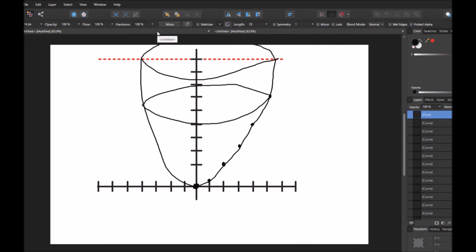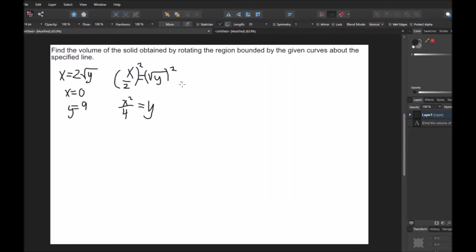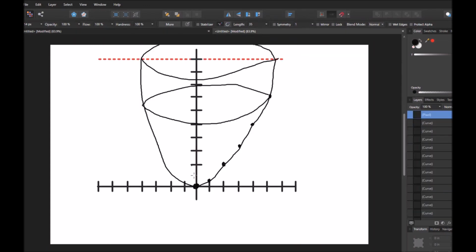So once again, we're going to use the disc method. The only difference is that now when we find our volume, we're going to do the integral from a to b with respect to y, of A of y dy. Because we're using the disc method, our formula for area is just going to be pi times the radius squared, and our interval is going to be 0 to 9 because we're doing it with respect to the y-axis.